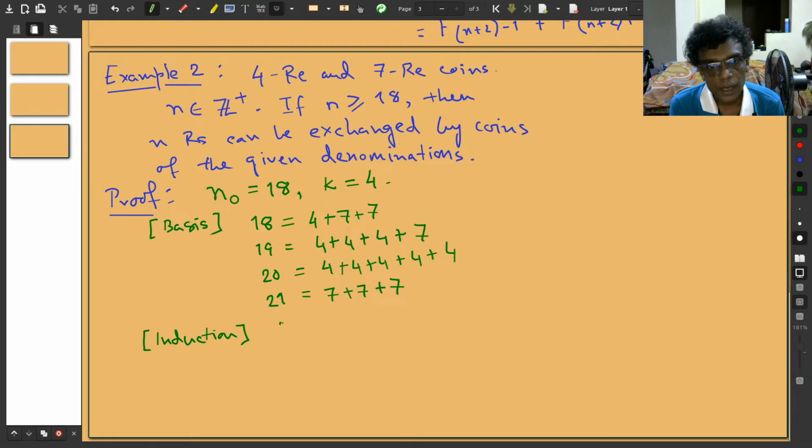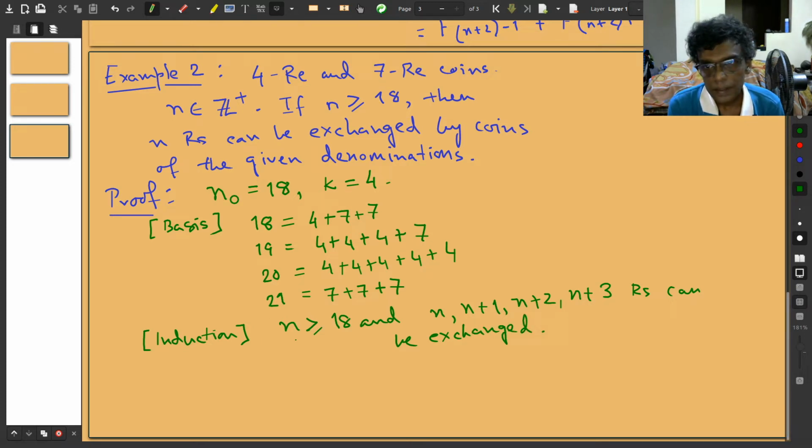So assume that n is greater than or equal to 18, n0, and n plus 1, n plus 2, and n plus 3 rupees can be exchanged using the given denominations.